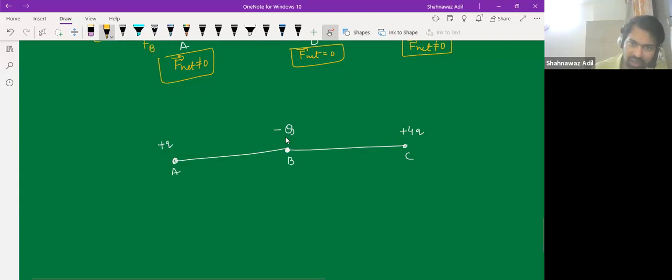This is a positive charge, this is a negative charge. So this positive charge will attract this negative charge, right? Yes, sir. So it will move in this way due to A.